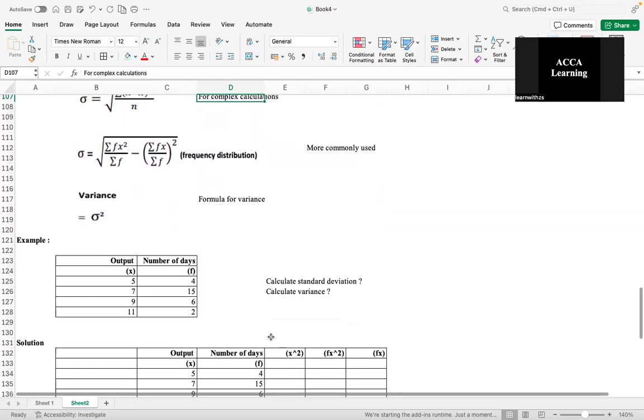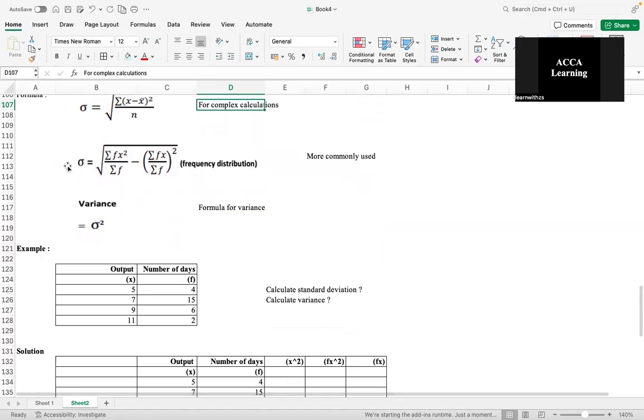When you look at the formula of standard deviation, including your frequency distribution, you need something called your x square. You need your summation F. You need something called your summation of F into X. And then you need summation of F into X square. So you have your data available.